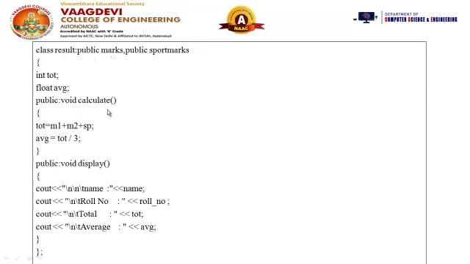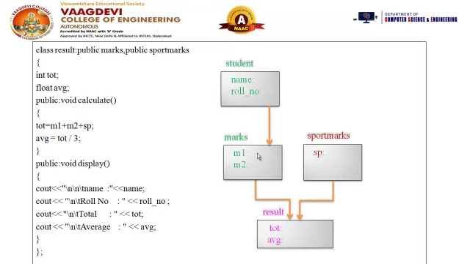The result class will have both multi-level and multiple inheritance. This calculate method calculates the total and average of marks, and the display member function displays the total and average on the monitor using the cout object.